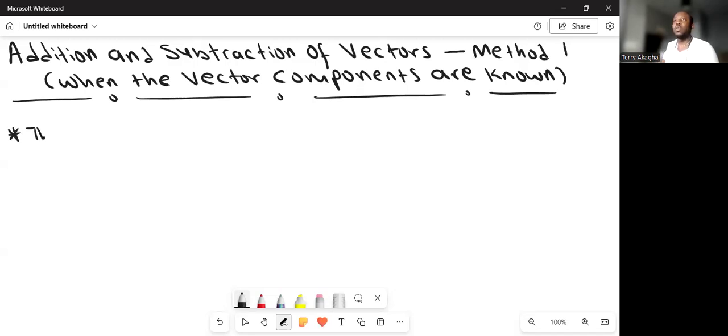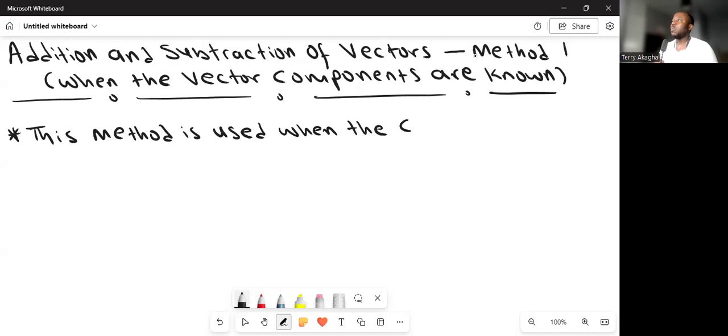So this method is used when the components x, y, or z are known.